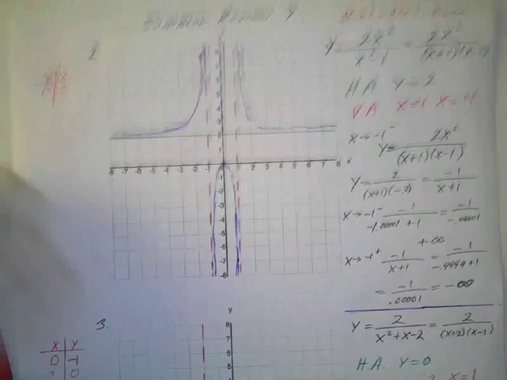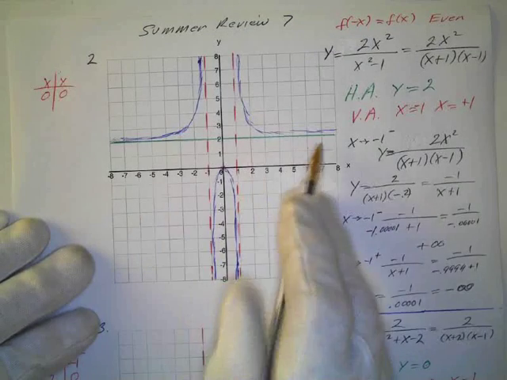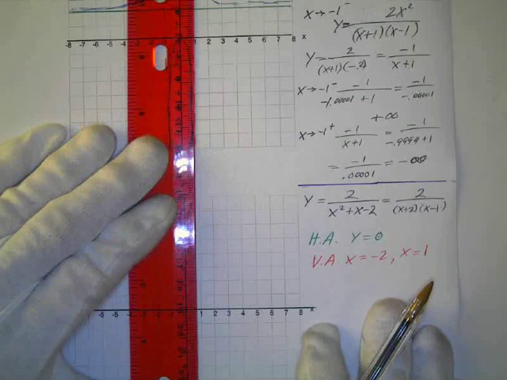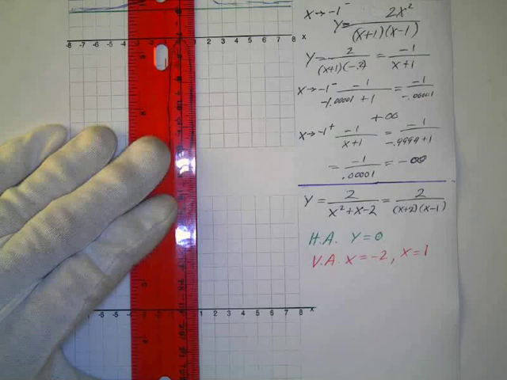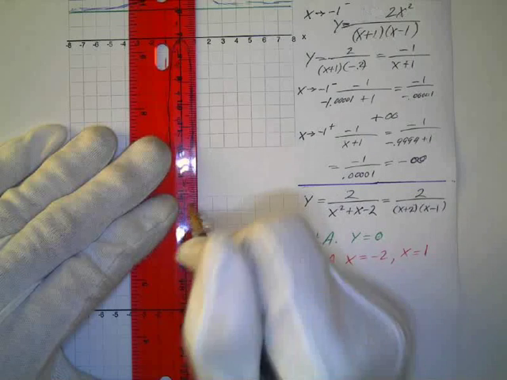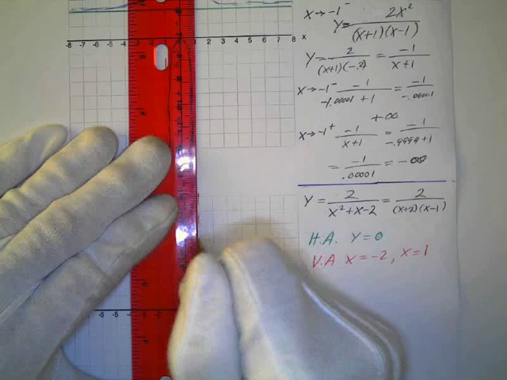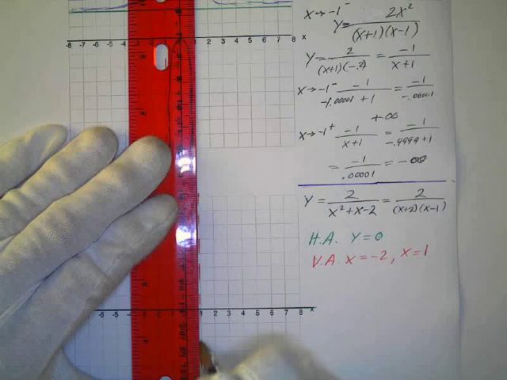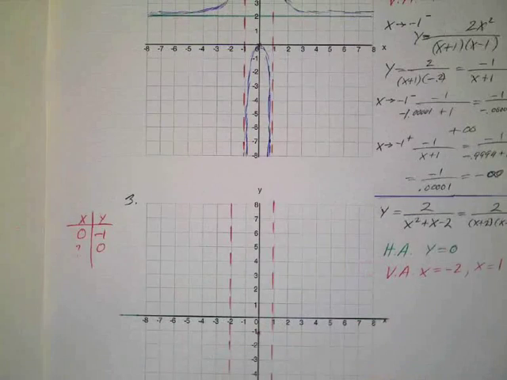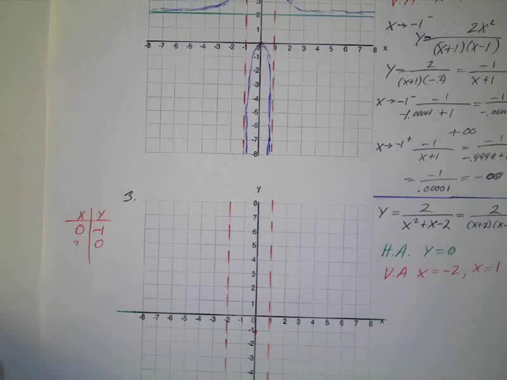And up here, I should have made this a dashed line. Sorry about that. That should have been dashed lines on number 2, so you can change that if you did that in pencil. Sorry. Okay, so those are the asymptotes here. We know we go through this point.